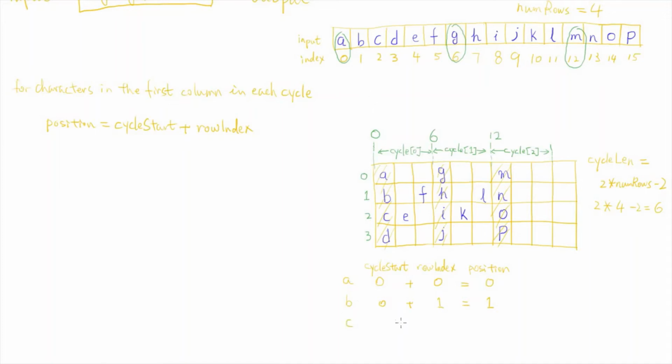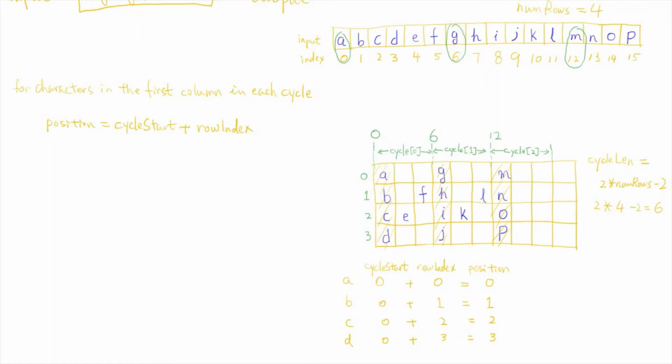C is 0 plus 2 equals 2, and C is here. D is 0 plus 3 equals 3, and D is here. We have validated all the characters in the first column in the first cycle.